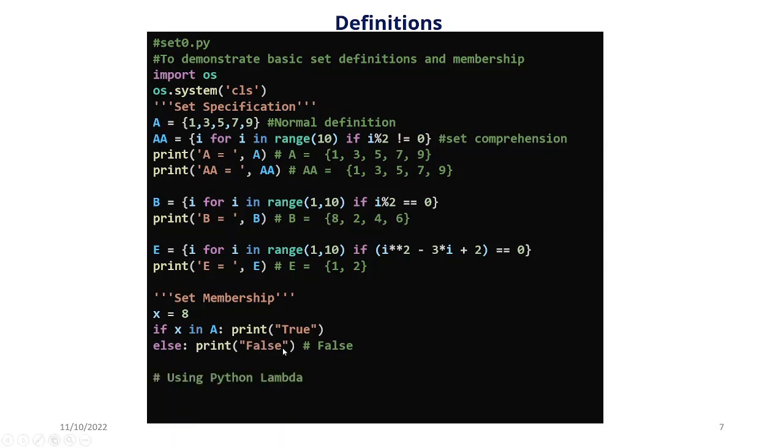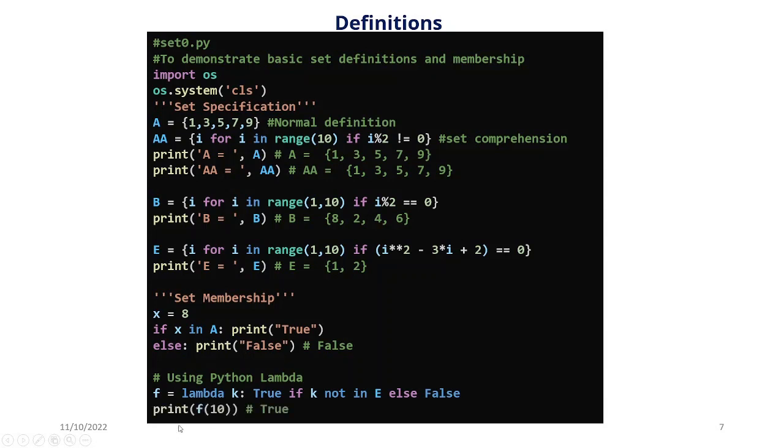We can also use Python lambda. Let's move to a little bit of advanced Python at the moment. We can say f equal to lambda k: True if k not in E else False. What it is saying is, if a value k is not in E, print true, otherwise print false. It's the same thing we are doing here.